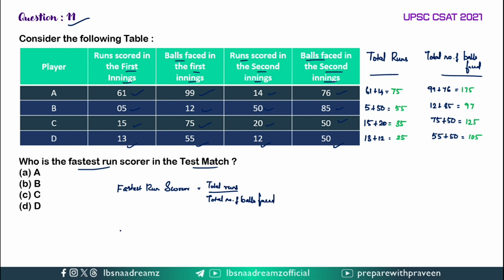So A is equal to 75 by 175, player B 55 by 97, C is equal to 35 by 125, and D is equal to 25 by 105.